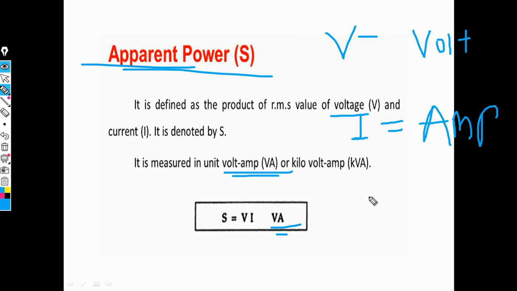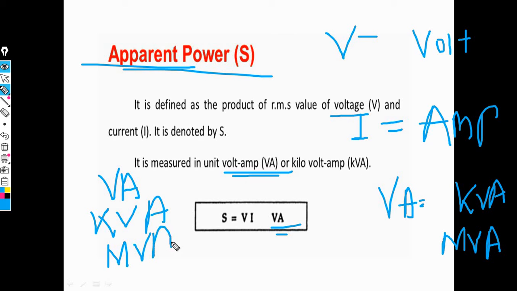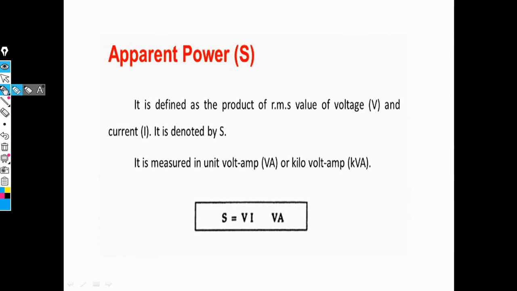Volt ampere is also measured in kilovolt ampere and mega volt ampere, that is VA, then kVA, then MVA. Apparent power is defined as the product of voltage and current, with voltage measured in volt and current measured in ampere.